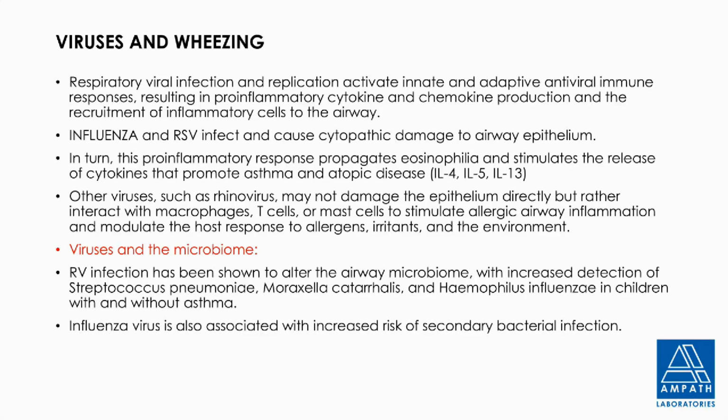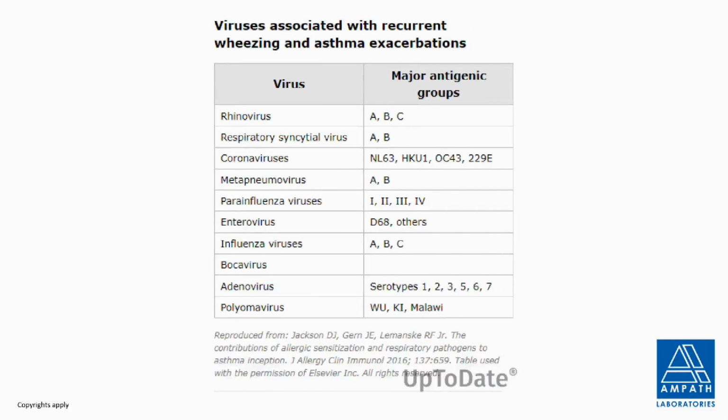Influenza is also associated with an increased risk of secondary bacterial infection. So, as much as you may get the viral infection, which is managed conservatively and symptomatically, very simply, you have the risk of developing bacterial infection.